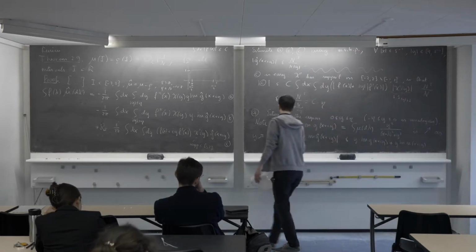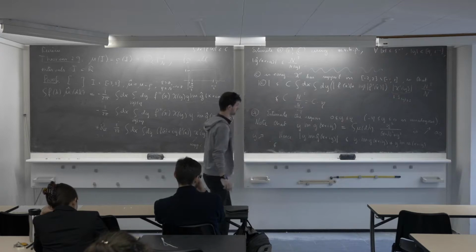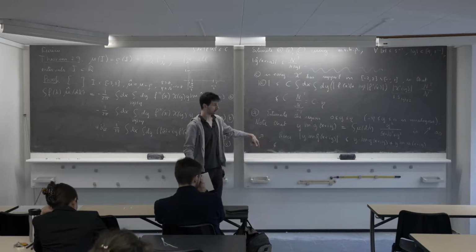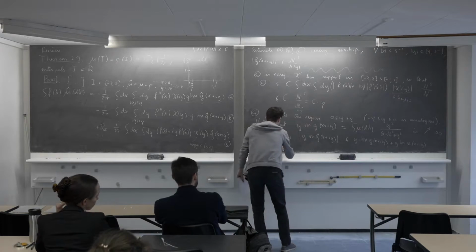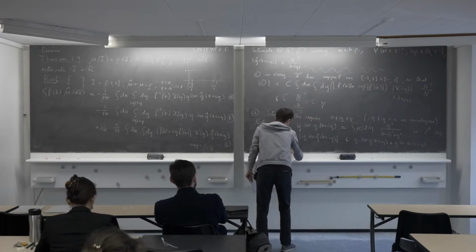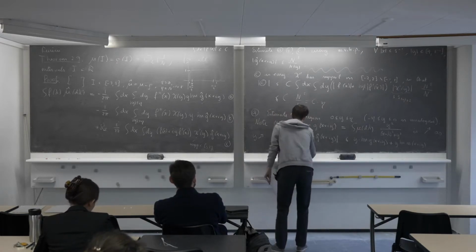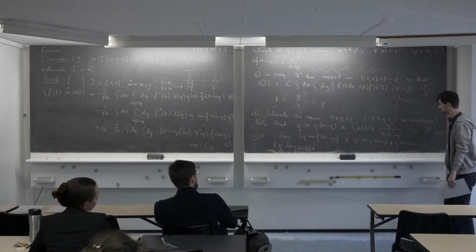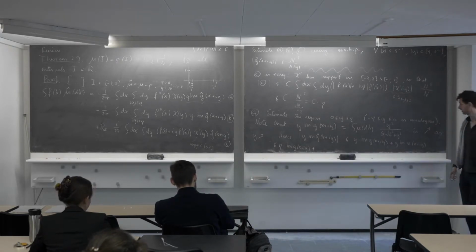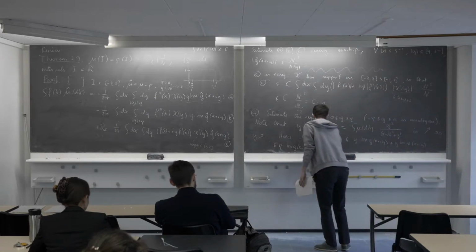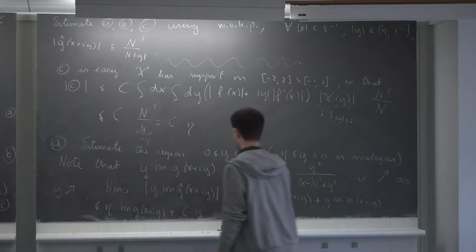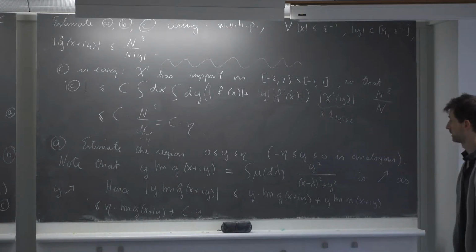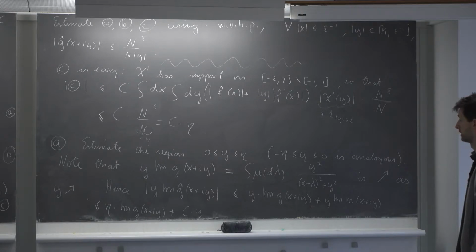And now the first one, I can estimate it by this monotonicity. If I increase y to eta, I estimate it by eta times the imaginary part of g, x plus iy. And the second one, I know that the imaginary part of m is bounded. In fact, it's bounded by 1. So this is, if I want to be safe, I put in a c, but in fact, I could keep a y. Okay.